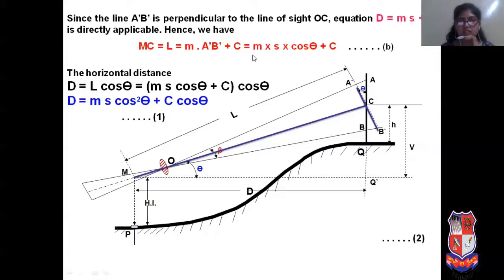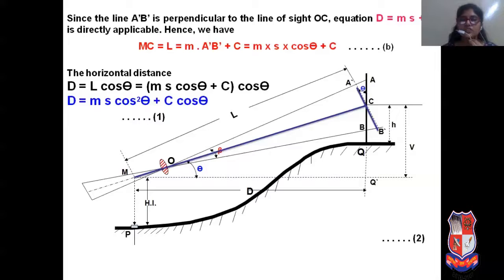That's why we can write L is equal to MS cos theta plus C. The horizontal distance capital D is equal to L cos theta because capital D is making the angle theta with the line of sight inclined. Now putting the value of L, we will get D is equal to MS cos square theta plus C cos theta. This is our first equation for horizontal distance when the line of sight is inclined and staff is held vertically.